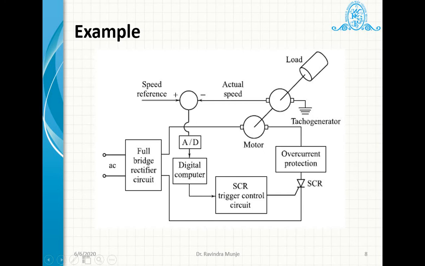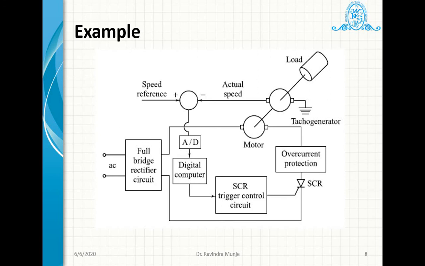So the experiment that we performed in our lab is an example of a continuous time control system, and actually that is not closed loop control, that is just open loop control, but here this is a digital closed loop control system. So this is the example of a digital control system.